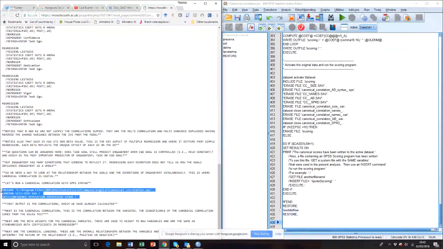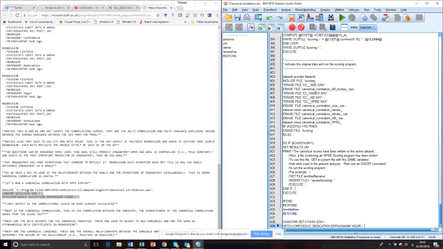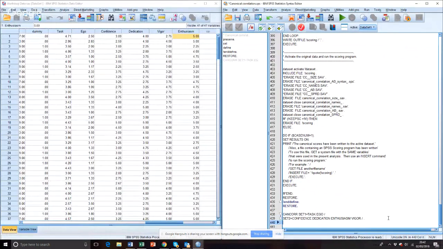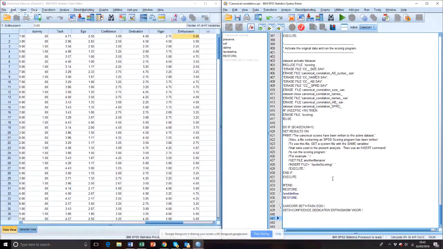I'm going to pull over the canonical correlation syntax, which is this command line here, and I'm going to move it in. Once I've loaded that syntax in, I'm going to write a quick command which is going to allow us to do canonical correlation. Remember, canonical correlation is a multivariate analysis, looking at the relationship between an optimally weighted combination of independent variables and an optimally weighted combination of dependent variables.